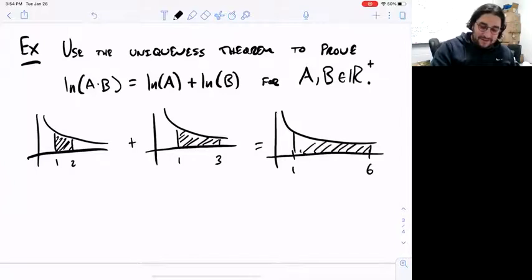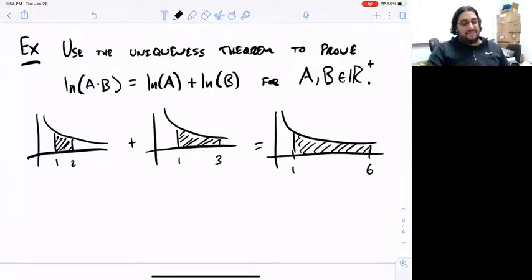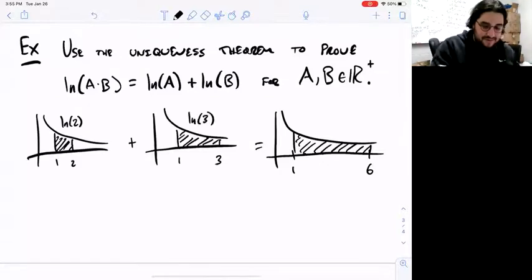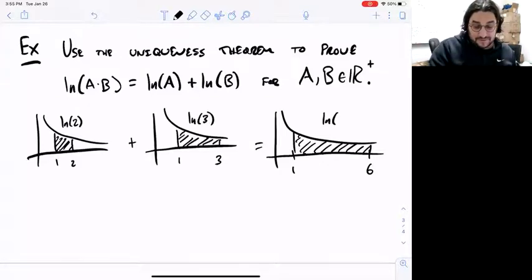If you define natural log that way, that's a really profound statement, right? It's not obvious at all that those first two areas should add to that other area, but that's exactly what this is saying: natural log of 2 plus natural log of 3 equals natural log of 2 times 3, which is 6.